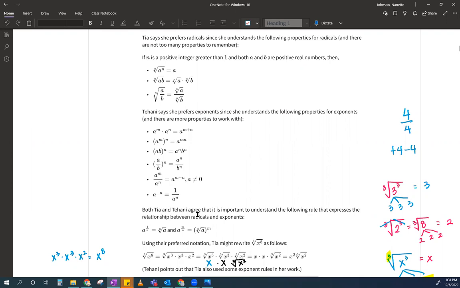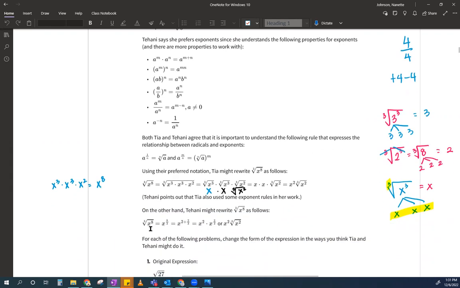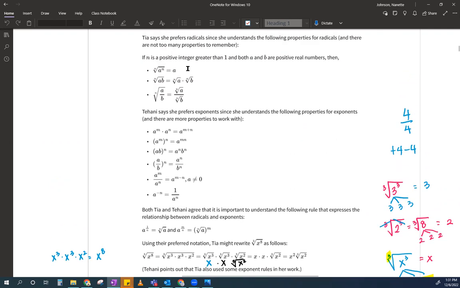What are you confused on? I want to rewrite the square root of 27 in terms of exponents. So I'm looking for what can help me do that here. And it's all through here. So here, we're actually going to use this definition right here.